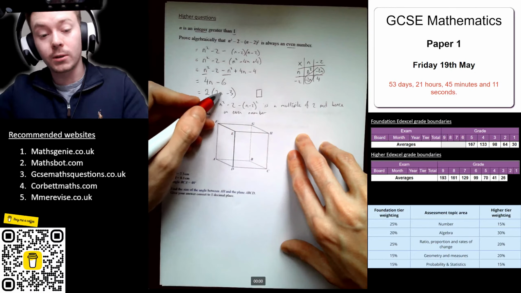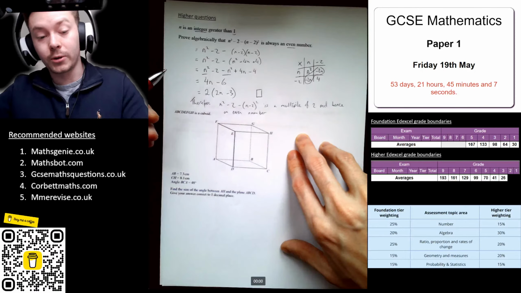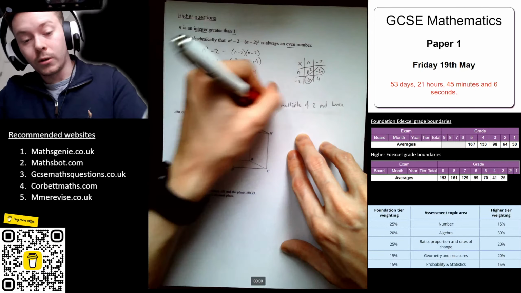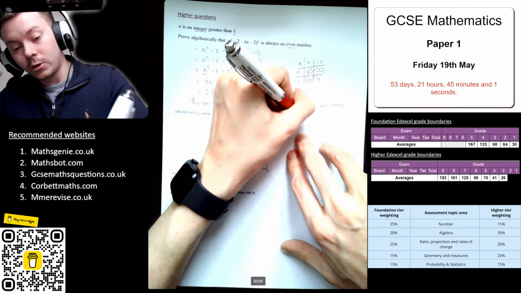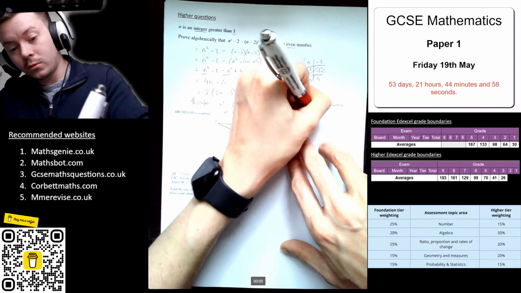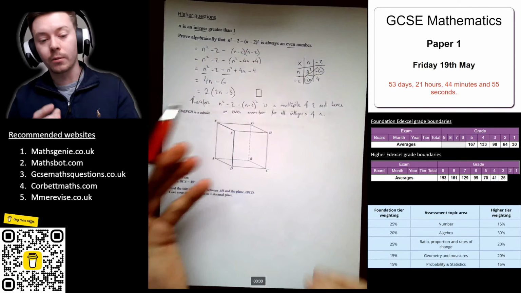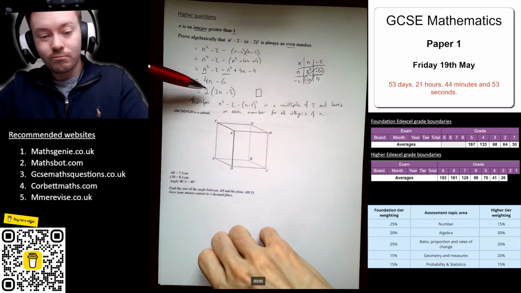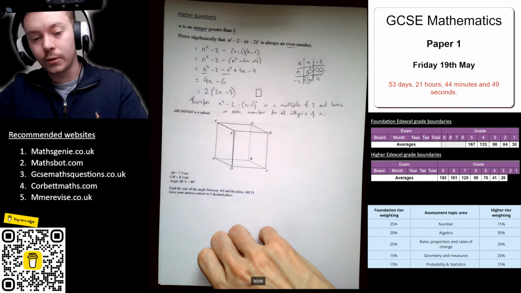So as long as n's an integer, this will be an integer, a whole number, and if you times it by 2 it's going to be even, for all integers of n, something like that. And that's just explaining it, but probably 99 times out of 100, just putting that square there, once you factorise out the 2, should be fine.